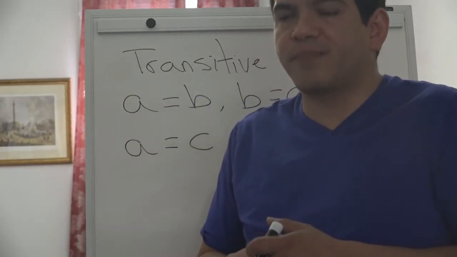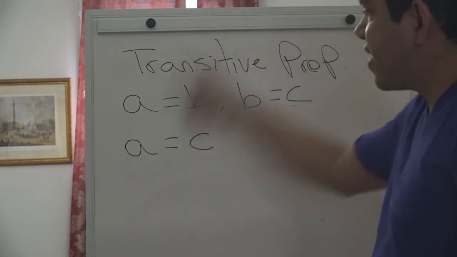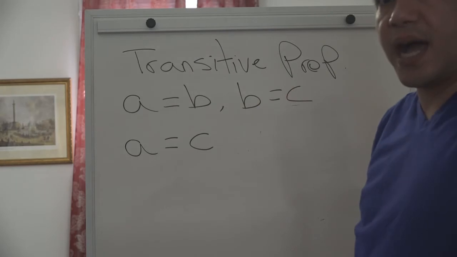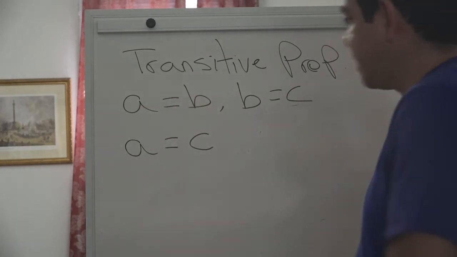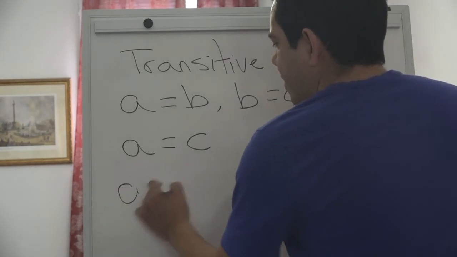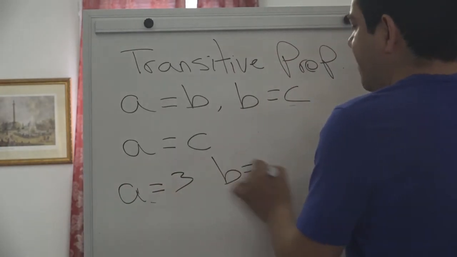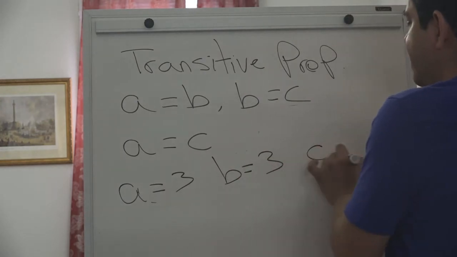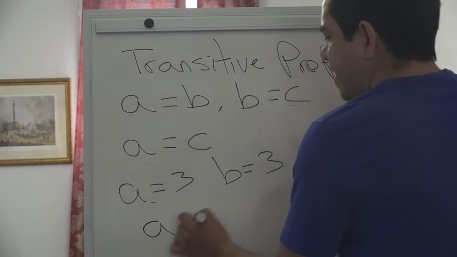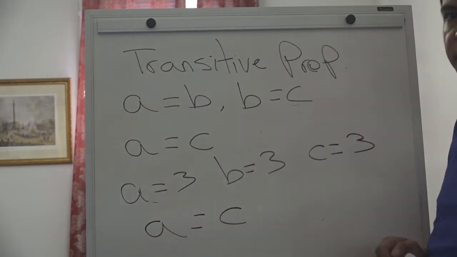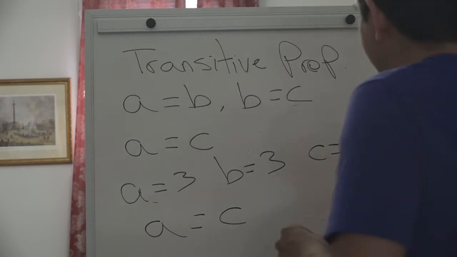That is what the transitive property says. So if A is equal to B and B is equal to C, then A is equal to C. We could use numbers. If A is 3 units, B is 3 units, and C is 3 units, then I can say that A is equal to C. Can you see that? Yeah, barely. Nice.